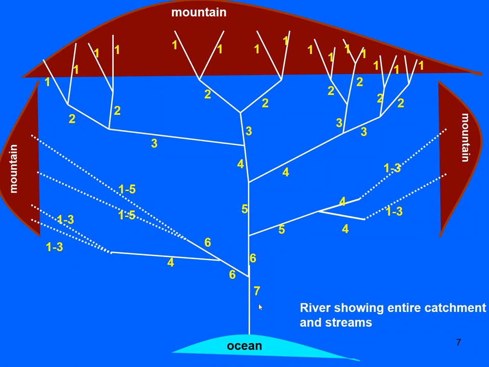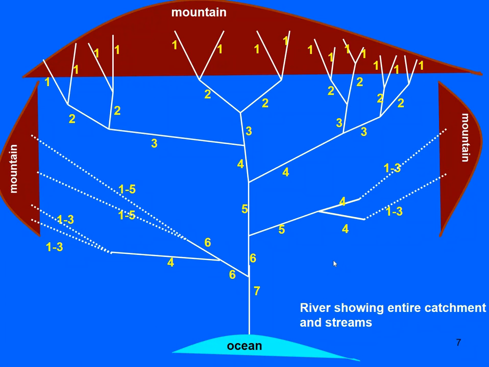But we have local exceptions on the southwestern and southern Cape Coast, where we have rivers that start on coastal hills, and because the distance is so short between the coastal hills and the estuary or the river mouth by the ocean, that little river is very, very short, and it doesn't go through all of these stages.